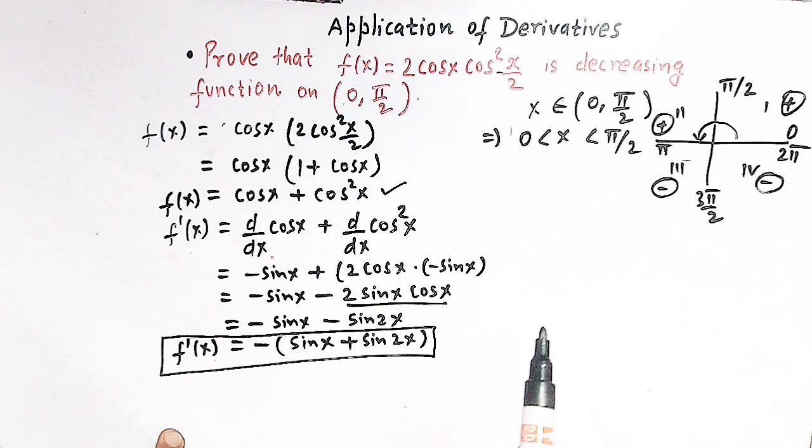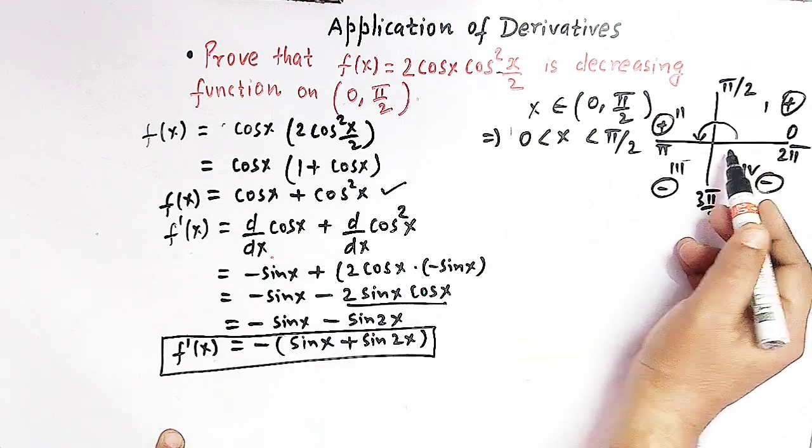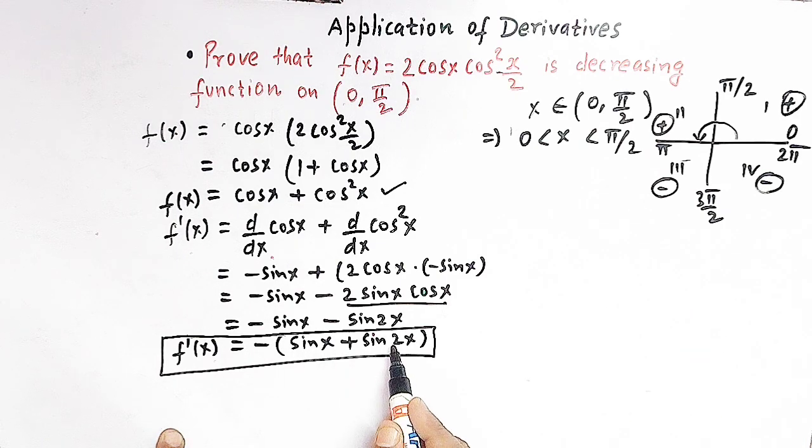So here we are going to decide the sign of f prime of x using the sign convention for the sine function, right? Because here we have the sum of two sine functions.